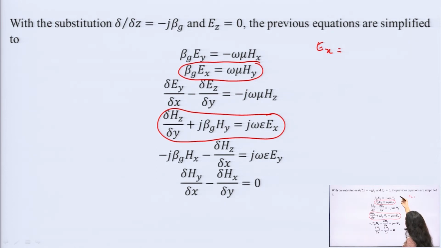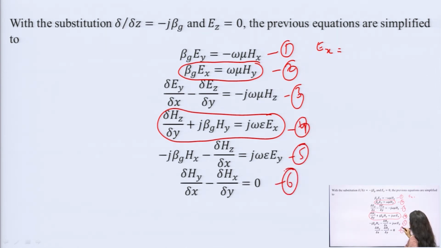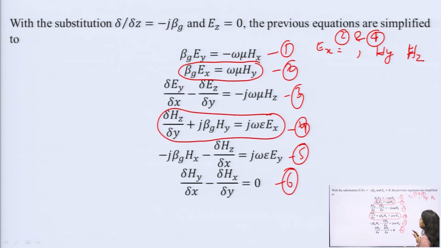If we number them 1, 2, 3, 4, 5 and 6, then with the help of equations 2 and 4, we are able to find the values of Ex and Hy in terms of our Hz. This is the basic approach we have.